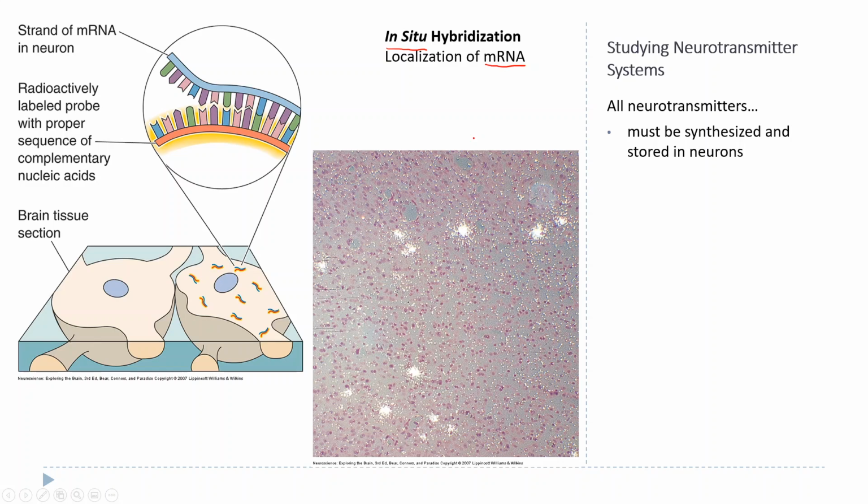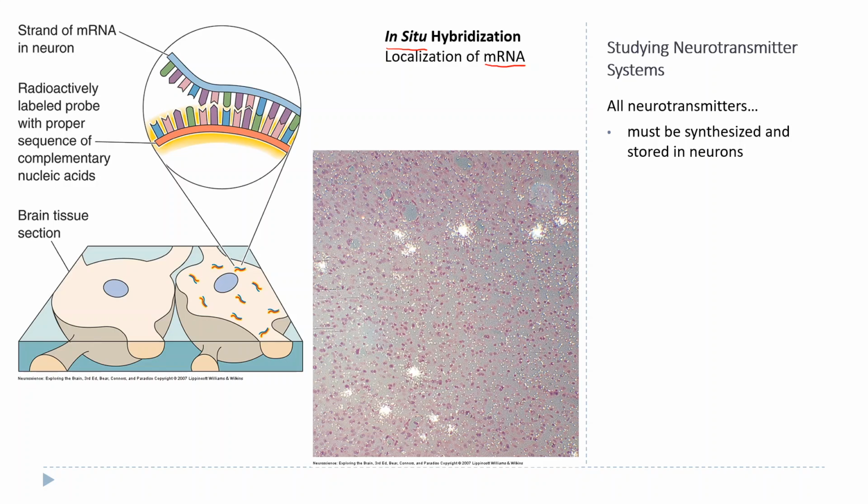Proteins can't really jump from one cell to another, so any protein you find in a cell must have been made in that cell, and that means there must at some point have been an mRNA specific for that protein. So this is another way to look for proteins. Instead of looking directly for the protein, you look for the mRNA that codes for that protein.